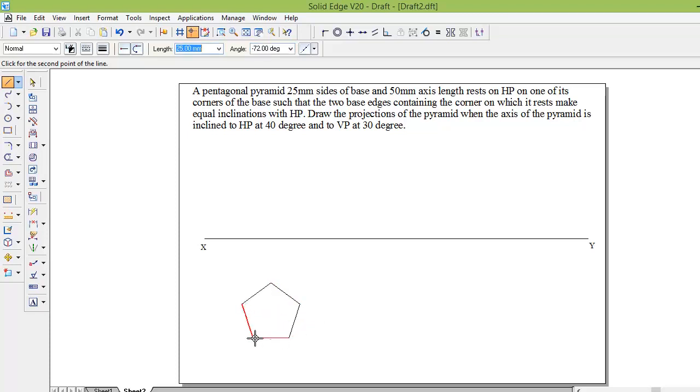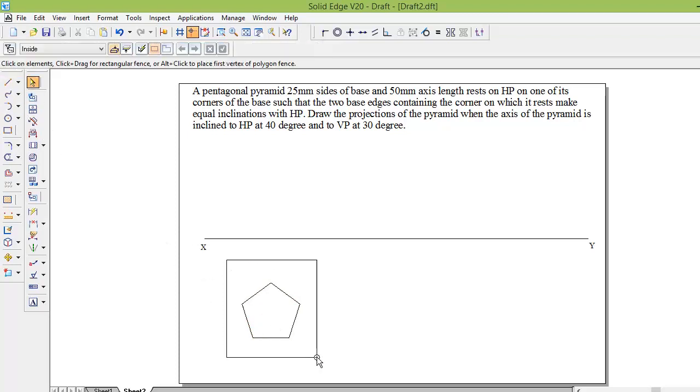Next it will be like this. Okay, so the angle is 72, this is 144, this is 216, and this is 288. Okay, so make it as visible.